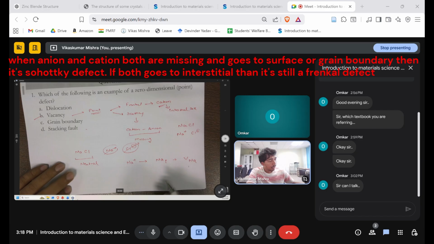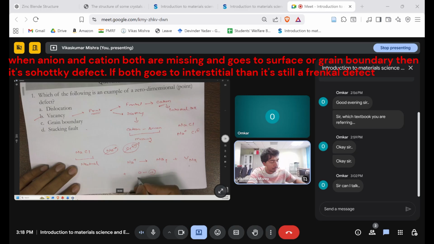In both cases, initially the vacancy had zero charge, and finally it will have plus 1. Initially it has 0, so we can see the vacancy is created. Why? Because sodium has moved. Sodium initially has plus charge, and finally it has 0 charge. So if I subtract final minus initial, I get minus 1 here, and here I get plus 1.